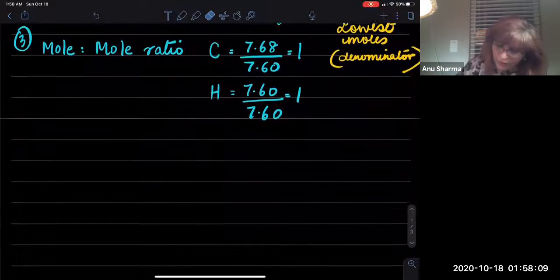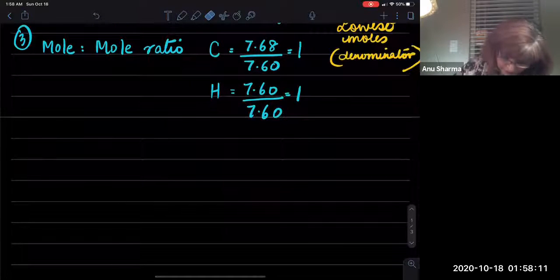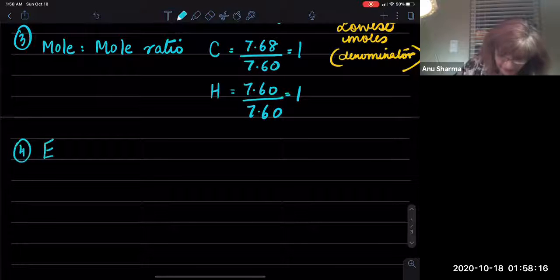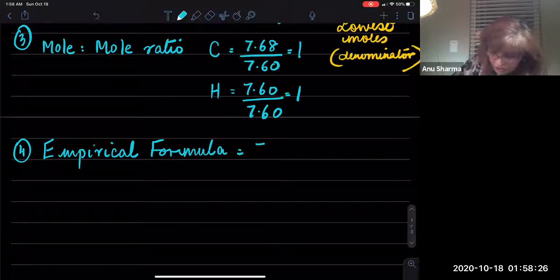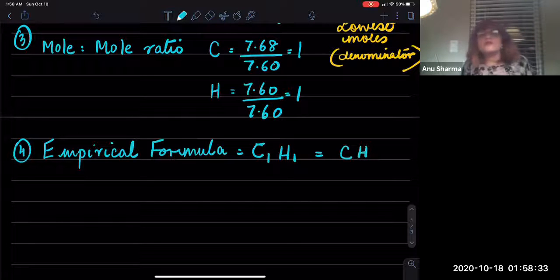So now what is the empirical formula? The empirical formula is the simple whole number ratio. Even though the question may not ask, you still need to do this. So carbon 1 and hydrogen 1.